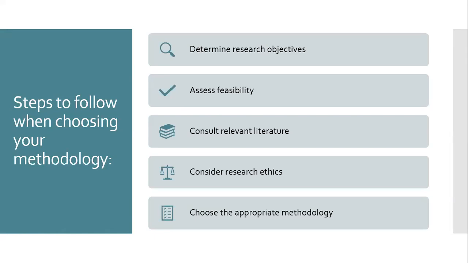Consult the relevant literature. You don't have to just change method just to do something different. Sometimes using methods that have been used before, but with a different set of eyes, can produce different results, a different population.